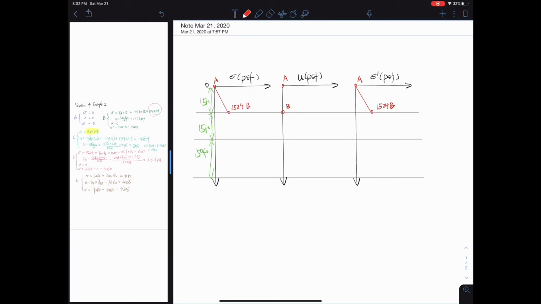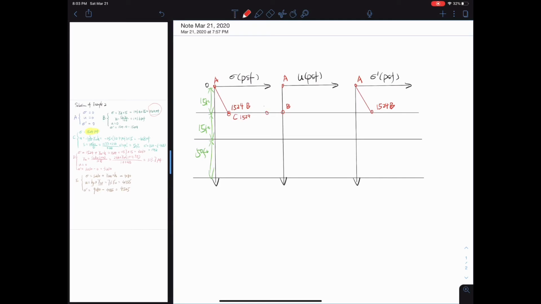Then let's move to point C. It's just under point B, so the total stress should be the same. And the pore water pressure is much different from the pore water pressure of point B. It's negative.